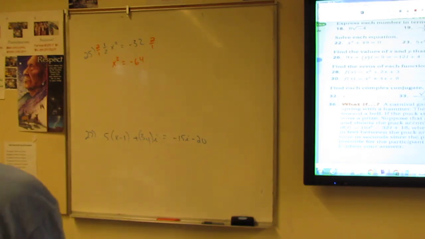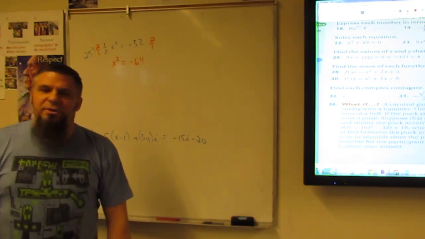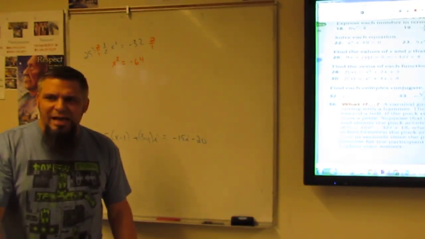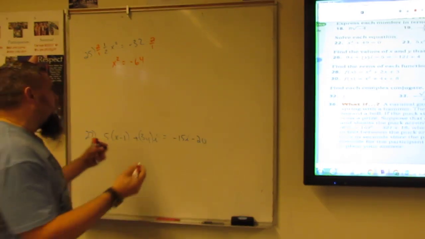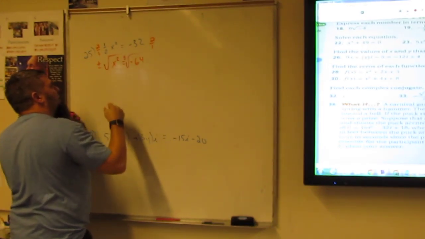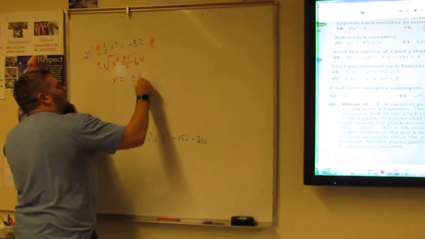No problem. Alright, so if you know that the square root of 64 is 8, you don't have to go through the steps. I get it. The whole point here is we take the square root, it's plus or minus, right? So I'm going to get x is equal to plus or minus 8i.